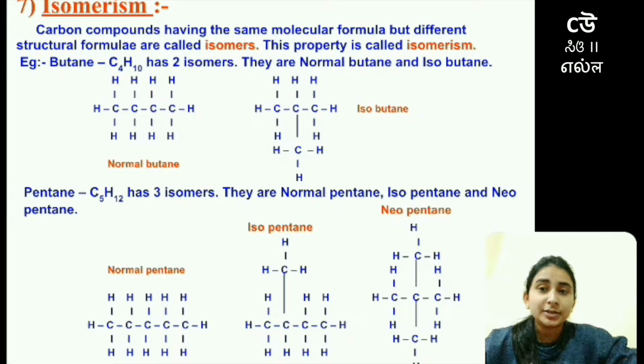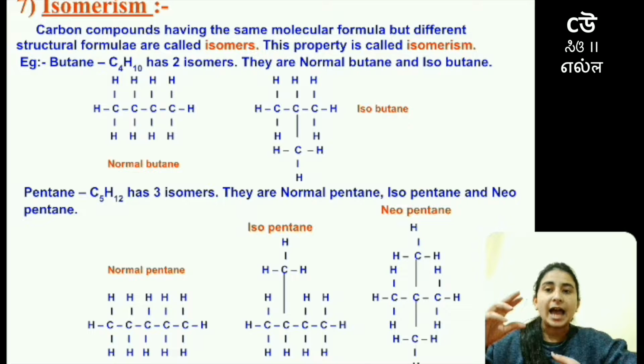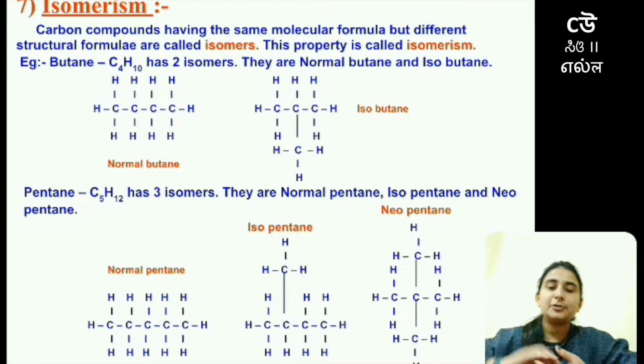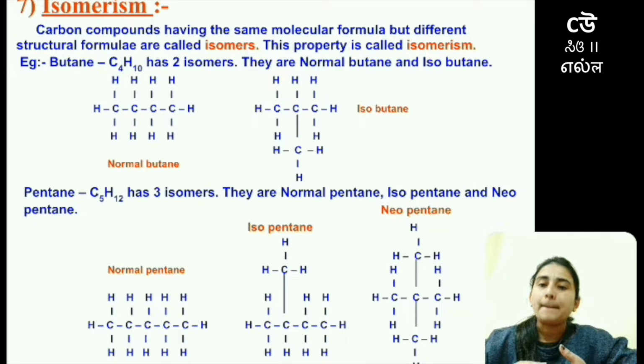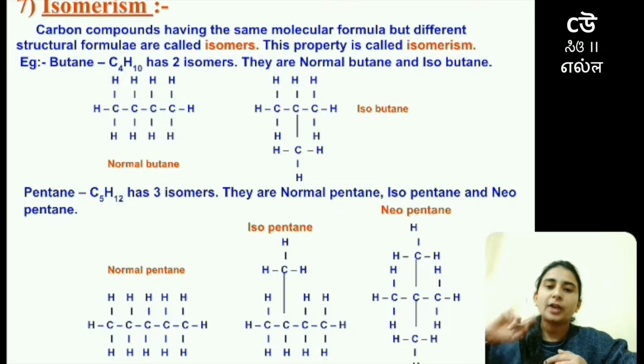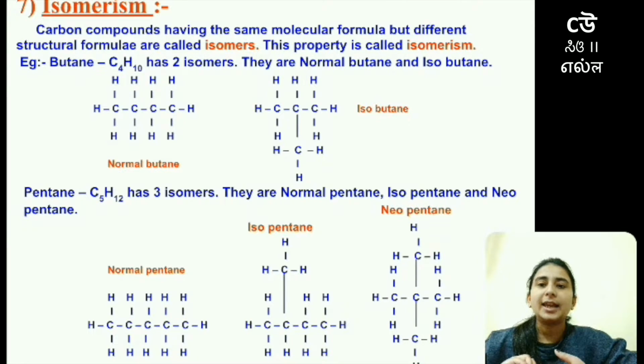So अगर आप notice करो, here we have a long chain of carbon atom where there are 3 carbon atoms, but with second carbon atom we have attached one branch of methyl group. So since एक branch attach हो गई है with the second carbon atom, we'll say that it's an isobutane.